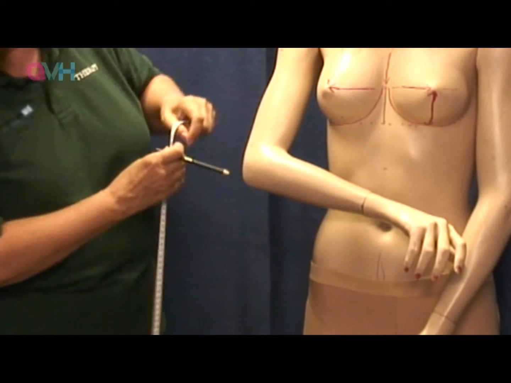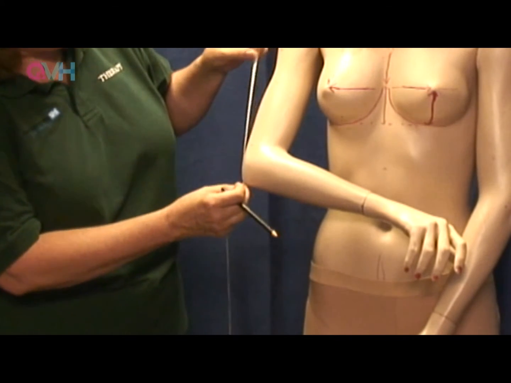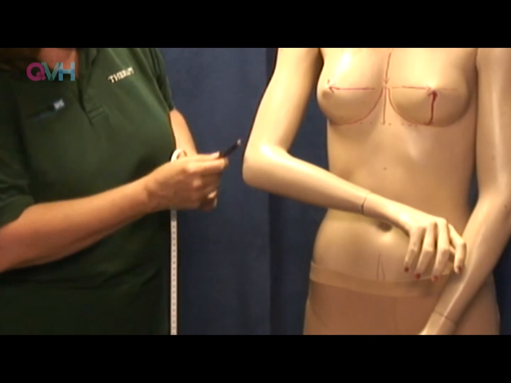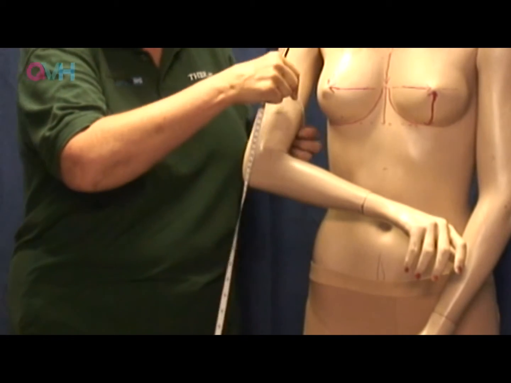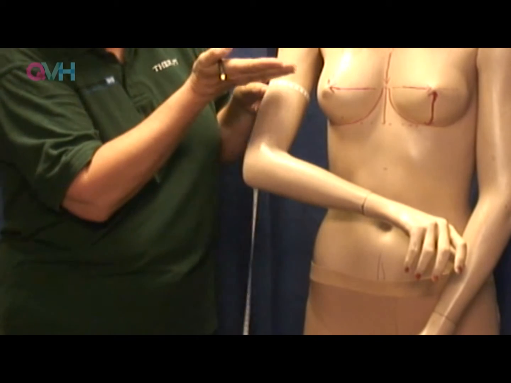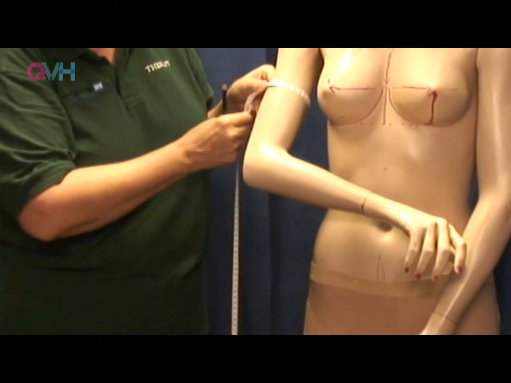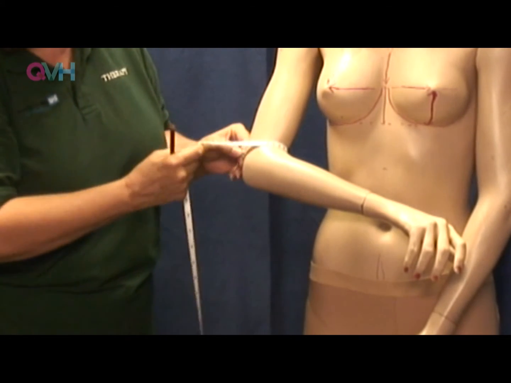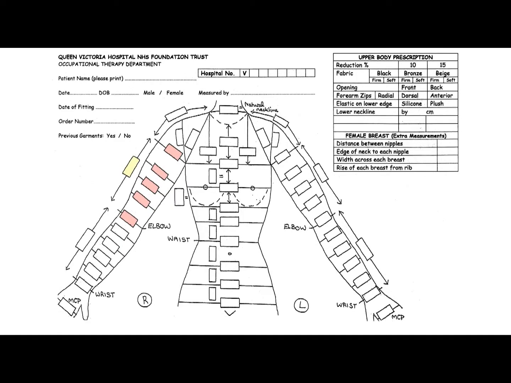The total distance is actually going to be from there to the elbow, which is actually 24, conveniently another 6. So we've got 6, 6, 6 and 6. Then I would measure each of these circumferential measurements as if we were taking a cross section through the arm, and I'd record each of those, and then I would have to record the elbow.